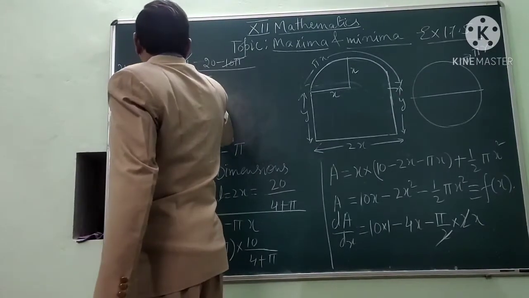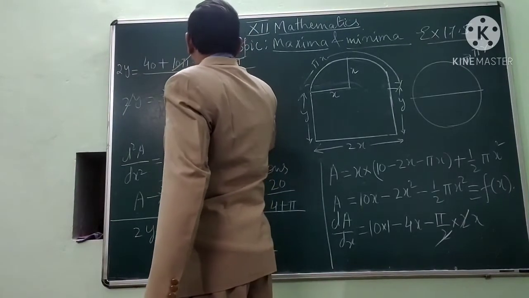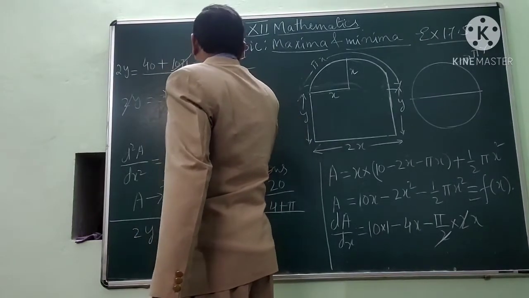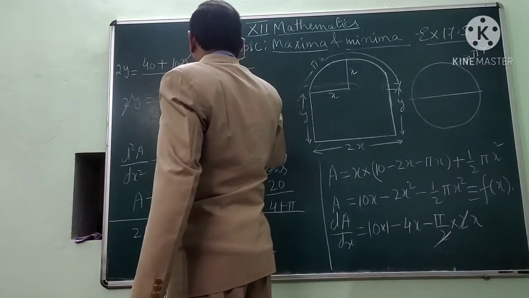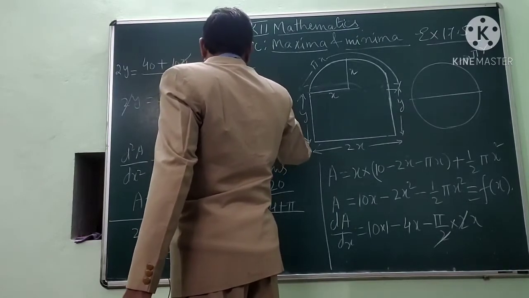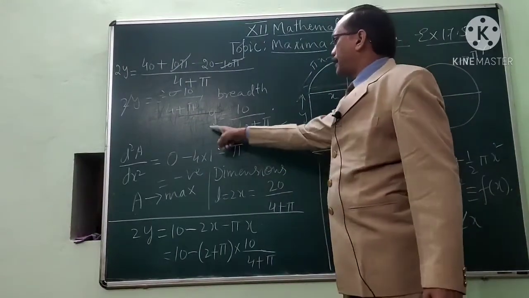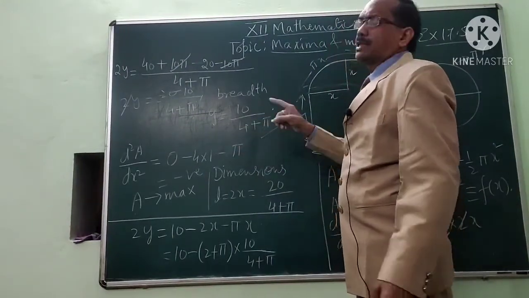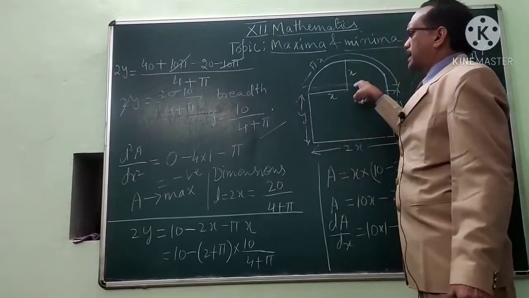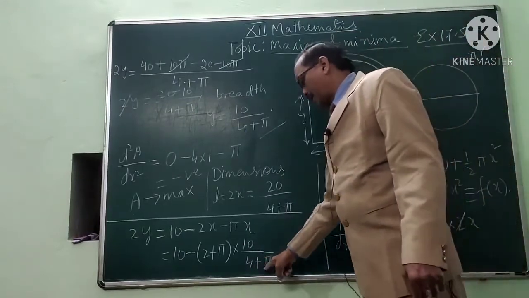So the breadth of the rectangular part, this is y, equals 10 upon 4 plus pi. Length is 20 upon 4 plus pi, and breadth is 10 upon 4 plus pi. And radius is x, which we have already found, that is 10 upon 4 plus pi.